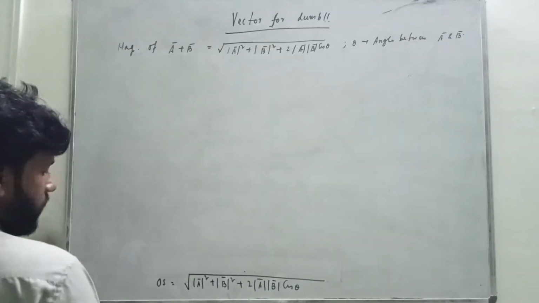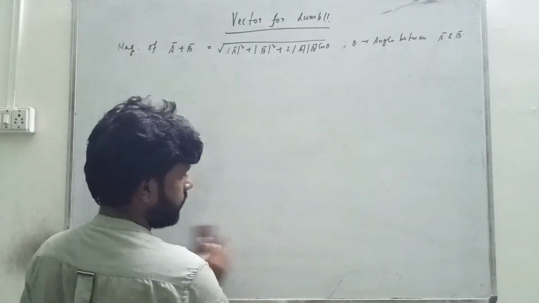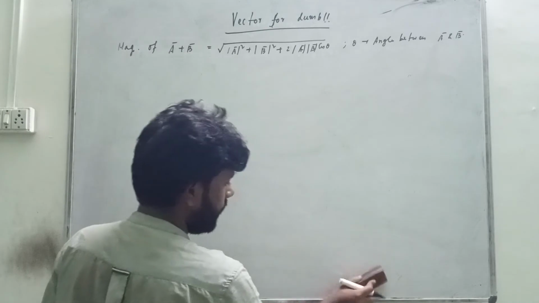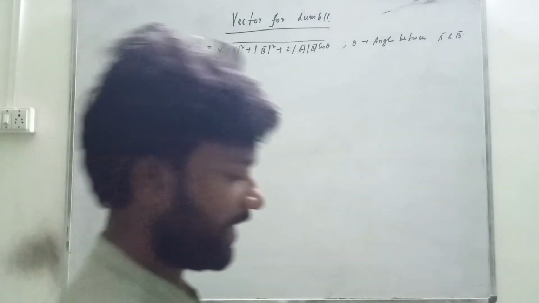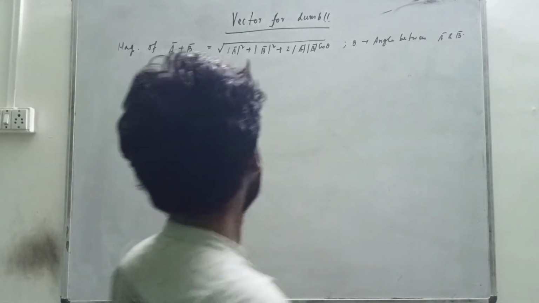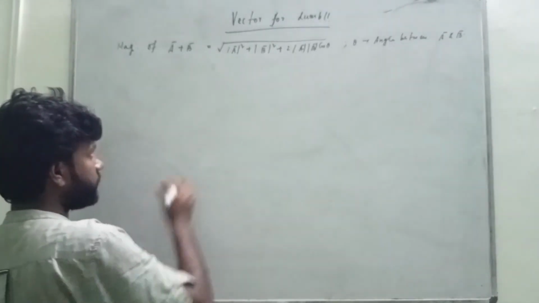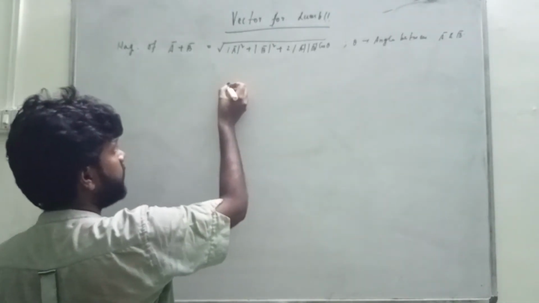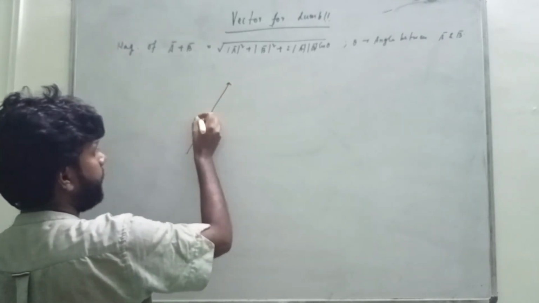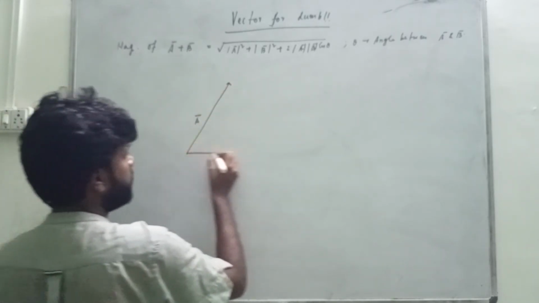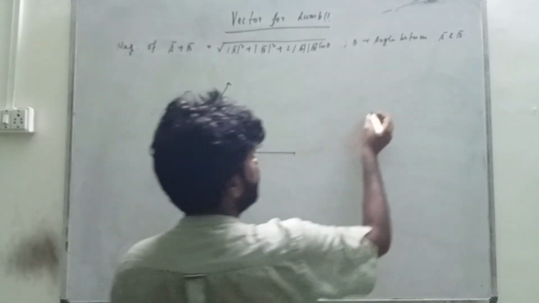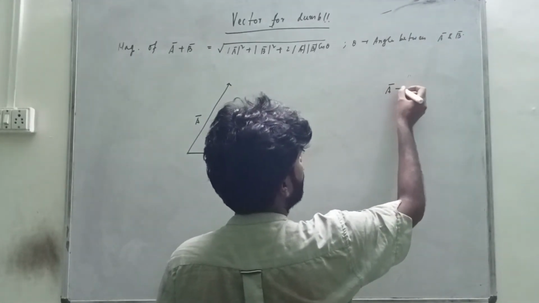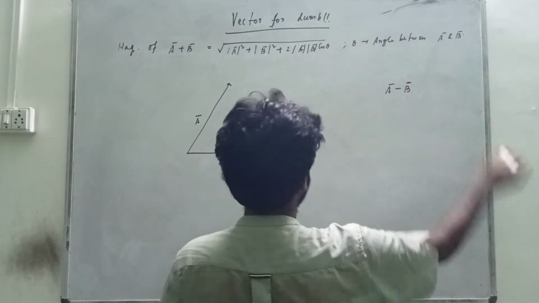Now I want to calculate the length, I mean the magnitude, of the subtraction of vectors. So if it is A and it is B, obviously I want to calculate A minus B first of all.